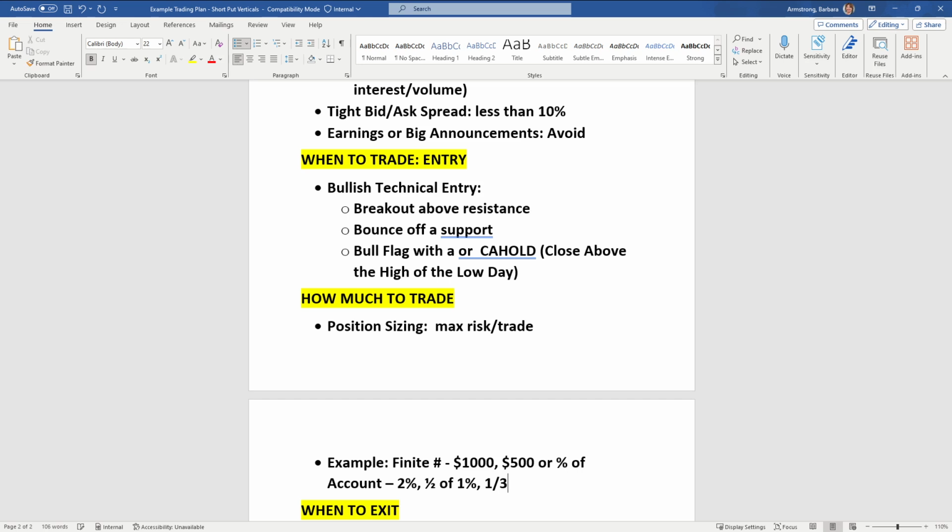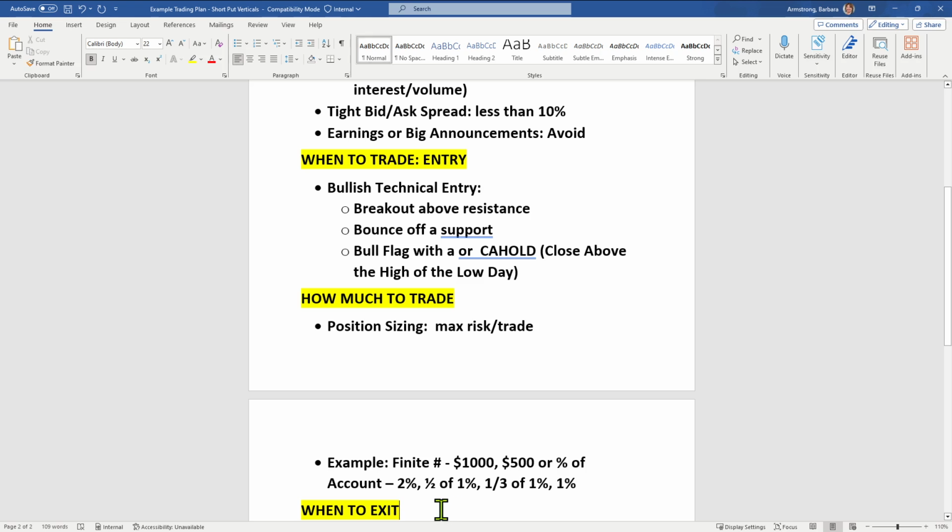Or it could be 1%. I mean, it's up to you. These are just some ideas. And one thing to consider is, if you had 5 or 6 or 7 trades go wrong in a row, would you be okay with taking that max risk? And if not, your number may be too high and you may want to lower it a bit.